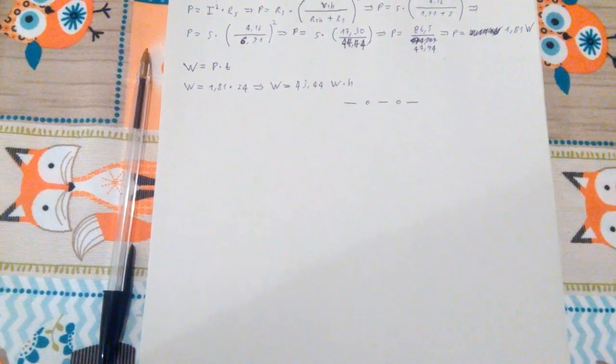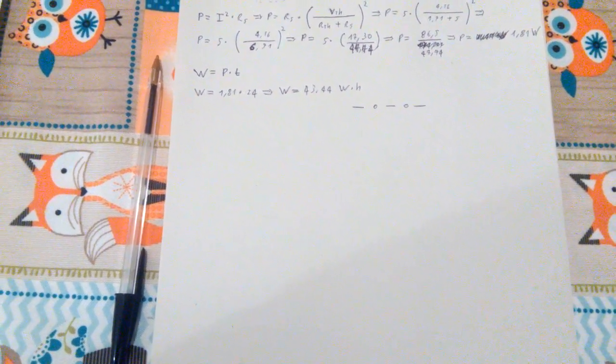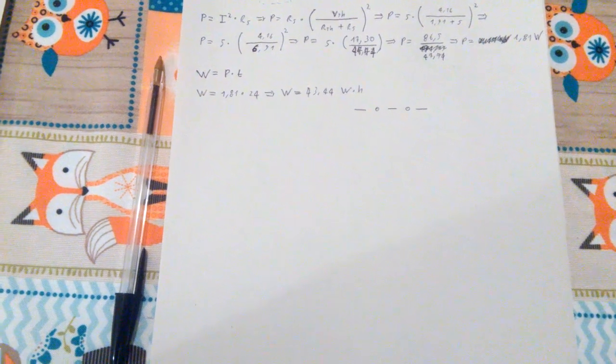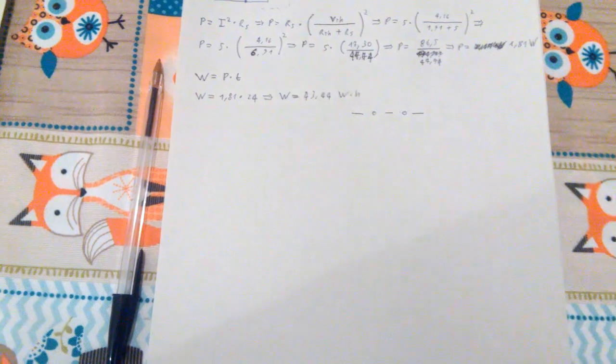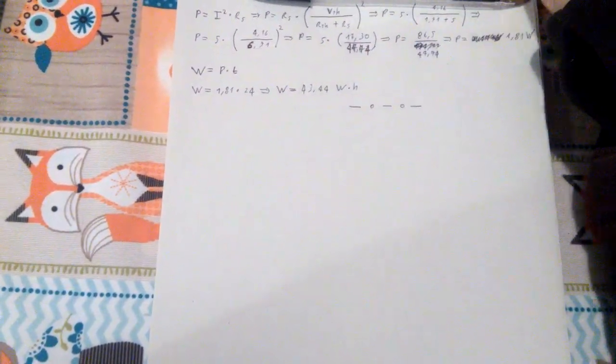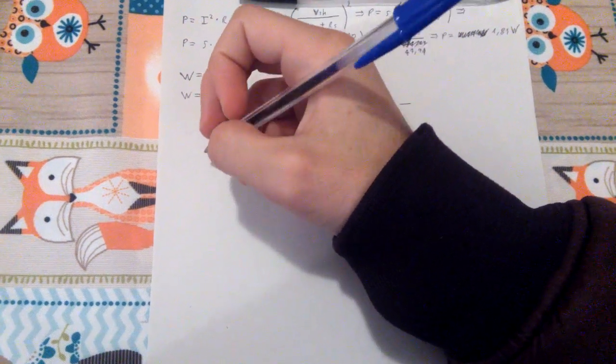Today, we're going to find the power absorbed by a certain resistance R1 and the voltage VAB with a switch open and closed. So let's draw our circuit as we always do.